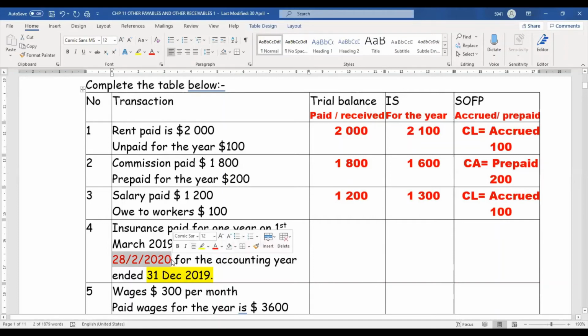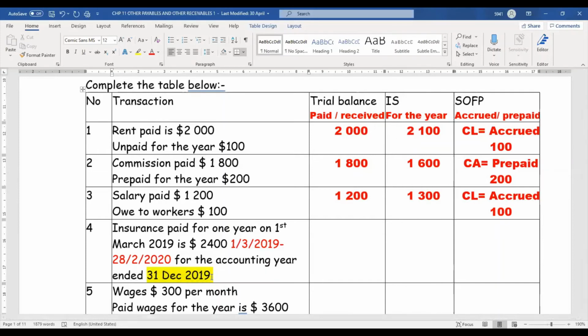But our accounting year finished on 31st December 2019. It means we overpaid or underpaid? We overpaid. Overpaid how many months? Don't count 31st December: January, February. 2 months. We overpaid for two months.